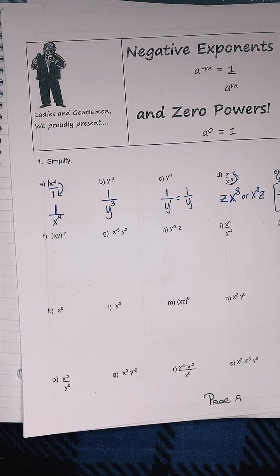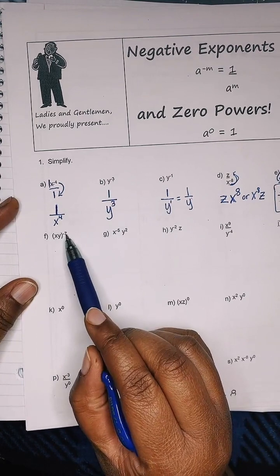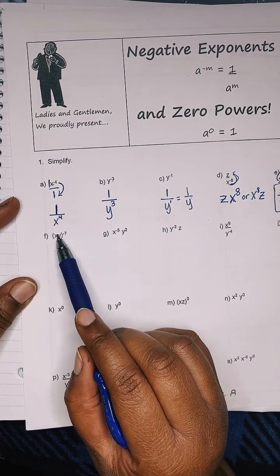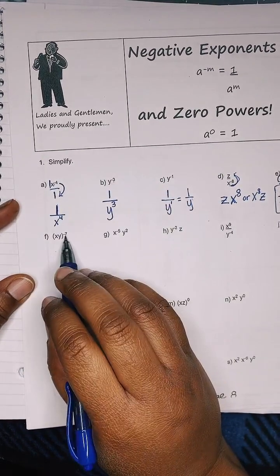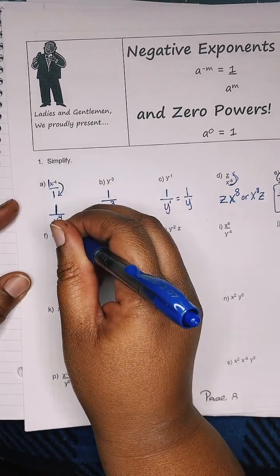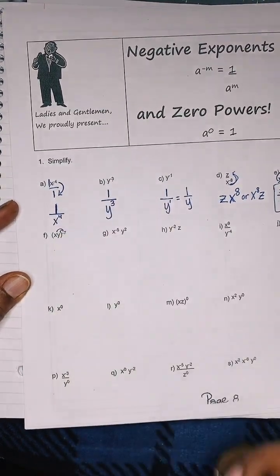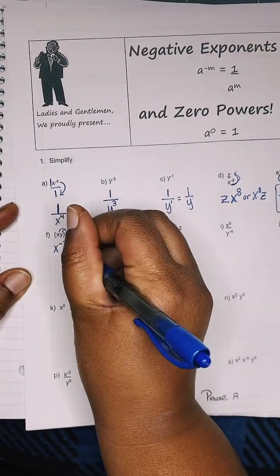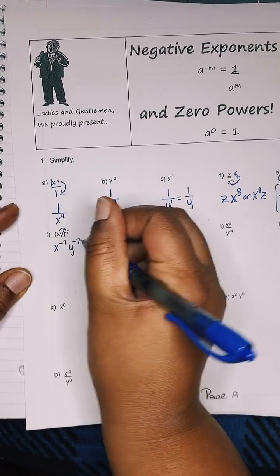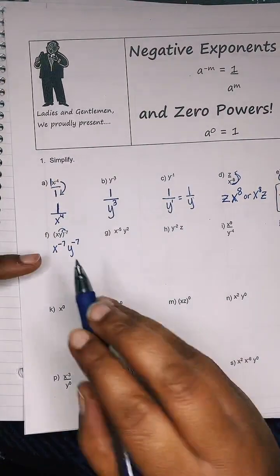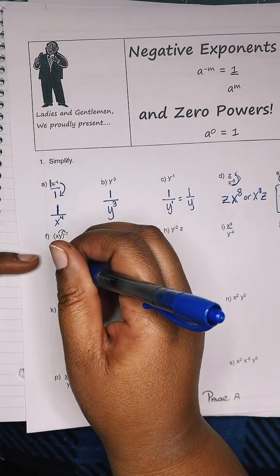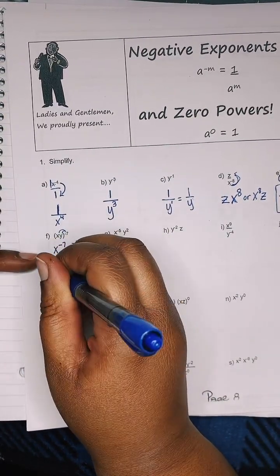So if we're using our rule, right? This is a power. What is it? Product of powers. So this -7, remember, we're going to distribute to every single thing. So we would get x to the -7, y to the -7. Now remember, in order for us to get rid of a negative, it has to go to the bottom.